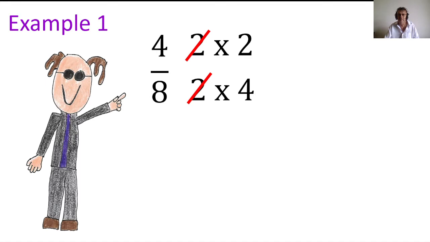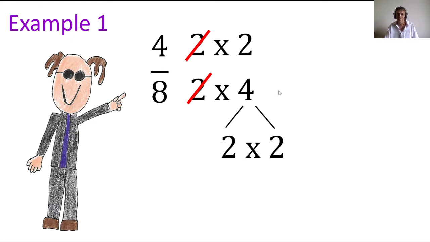So what do we do? Well, we know 2 is a prime number. It cannot be reduced anymore, but 4 is a composite number. So, like we're prime factoring, 2 times 2. Now, do we have any common factors? Well, we've got 1, 2 here, and we've got 2 2's here.